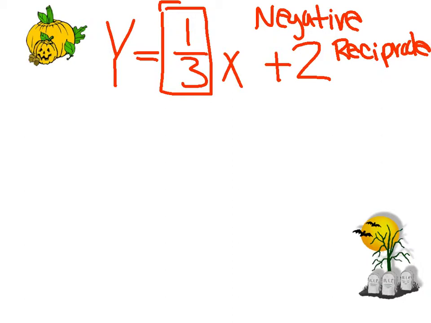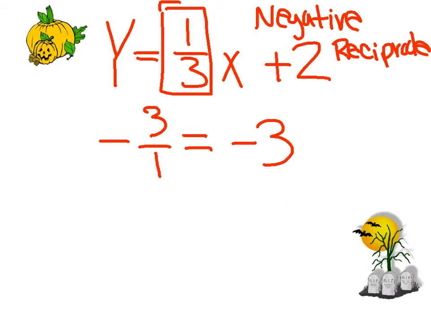The slope is 1/3. So first we need to change the sign. It's a positive number, so we're going to change it to a negative number. Next, we need to do the reciprocal of it. It's 1 over 3. What's the reciprocal of 1 over 3? 3 over 1. And what's negative 3 over 1 reduced to? Negative 3. So that's going to be the slope of our line that is perpendicular to this.